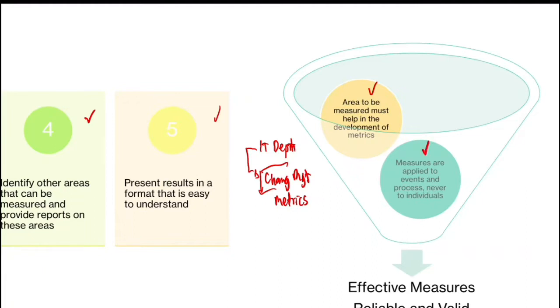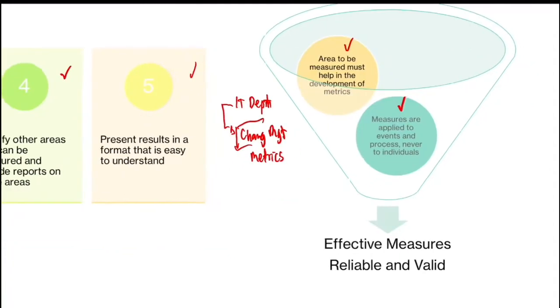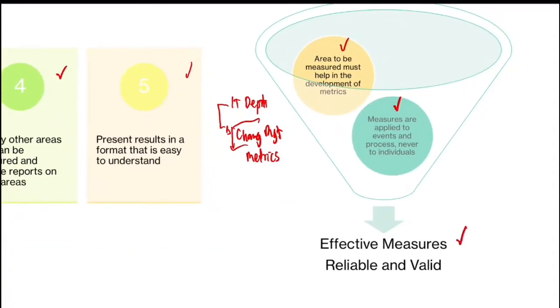Number two, measures are applied to events and processes, not to individuals. So what you are measuring is the department, the process, and events, never the person. This should yield effective measures that are reliable and valid.